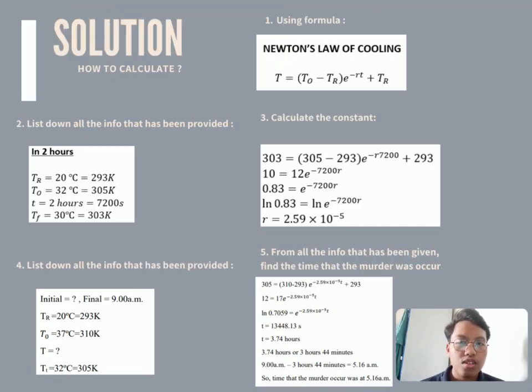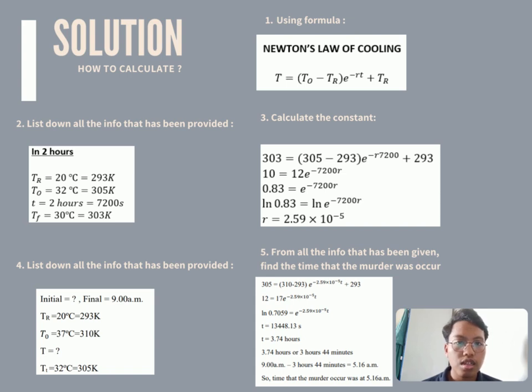Next, I will explain the solution of this question. First, we use this formula, Newton's law of cooling. This question has 2 timelines, where in the first timeline we can get the constant. We get the data: room temperature is 20 degrees Celsius, equal to 293 Kelvin. Initial body temperature is 32 degrees Celsius, equal to 305 Kelvin.